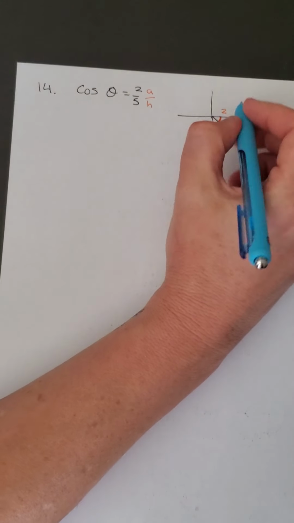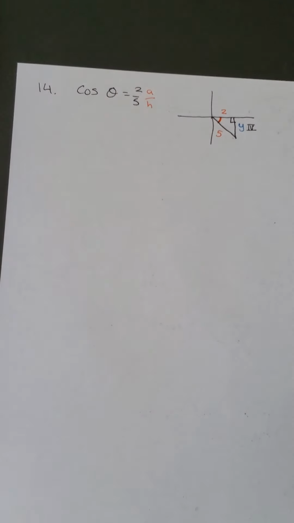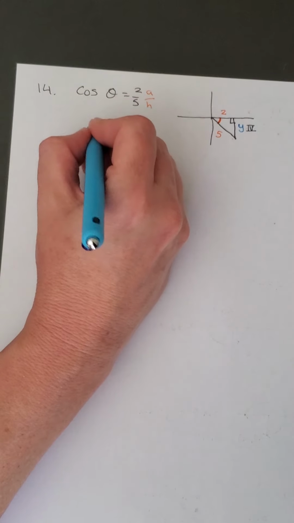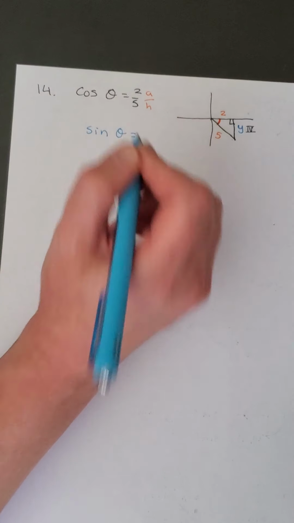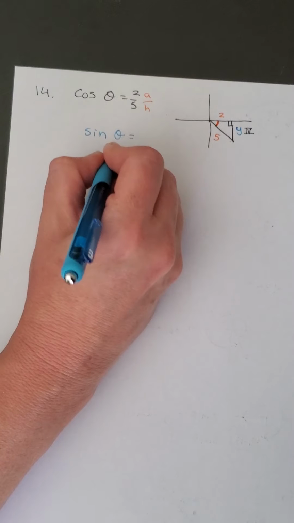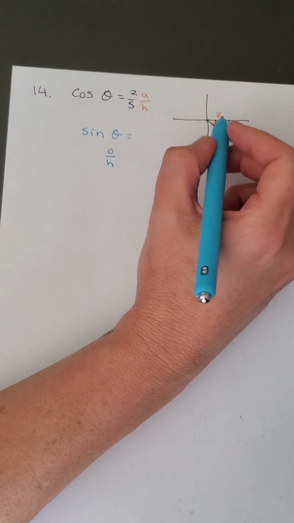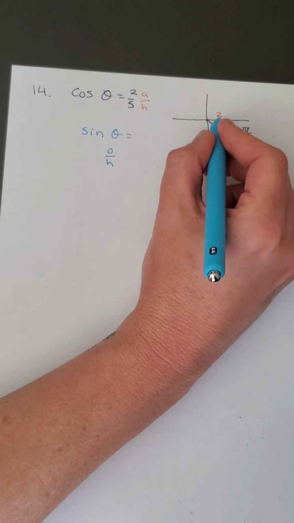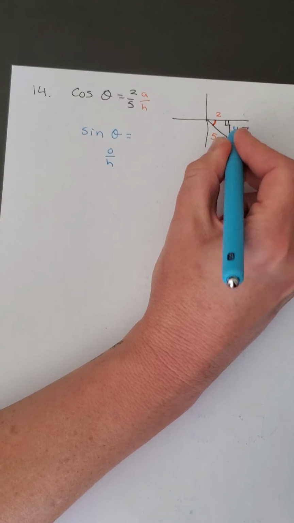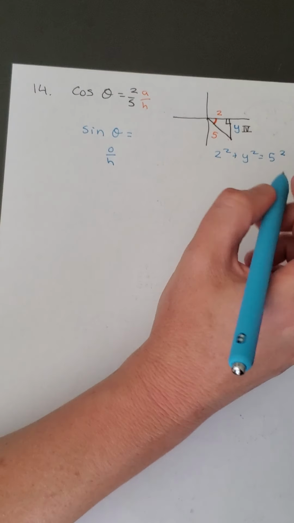Now what I need to find is this y value, because they ask, what is sine theta? Sine is opposite over hypotenuse, so I need to find that missing side length. We're going to use the Pythagorean theorem, a squared plus b squared equals c squared, where c is always our hypotenuse.